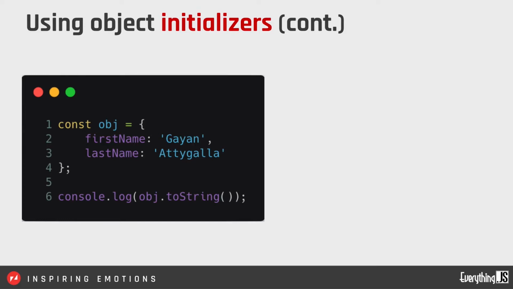So here we have a code snippet that tries to convert the object to a string. So in this case, what would be the output of this? Basically, what we are trying to do here is we are calling object.toString, right?